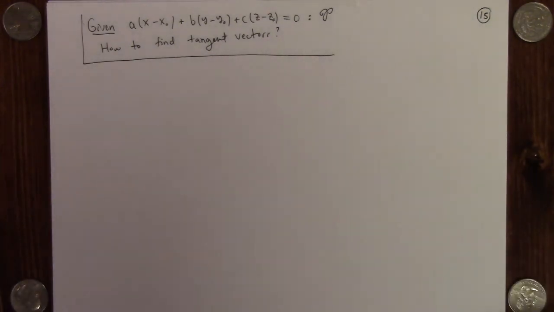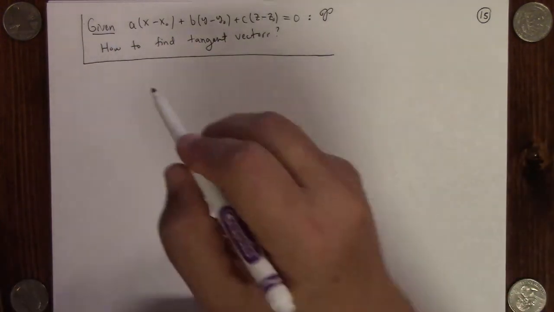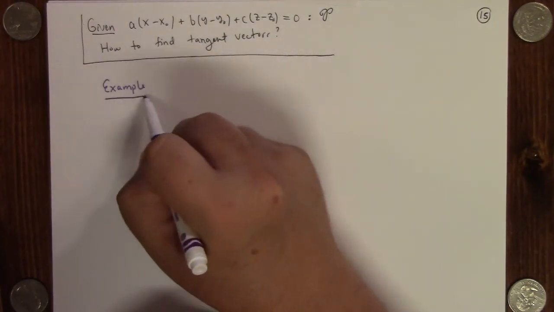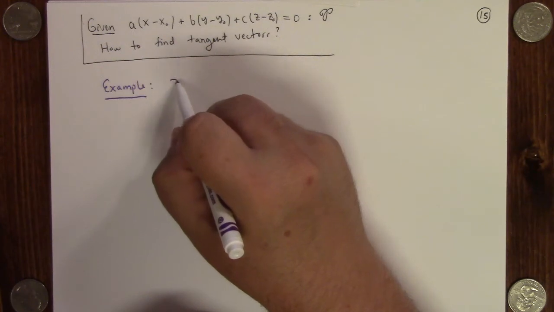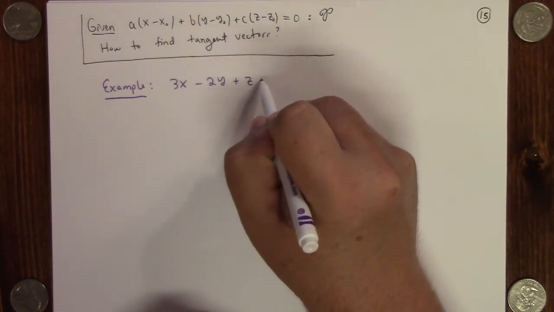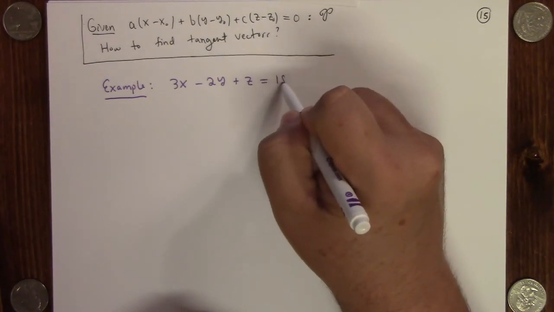So let's look at a specific example, and I'll share my trade secret with you, if you will. It's not that complicated, really. So let's say 3x minus 2y plus z equals 18, whatever.